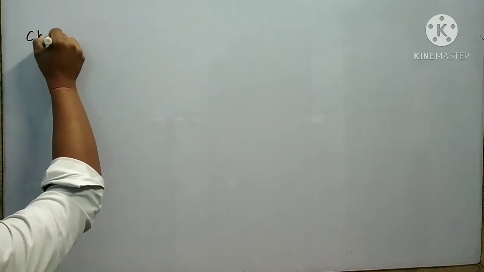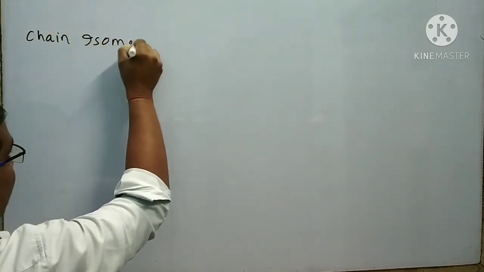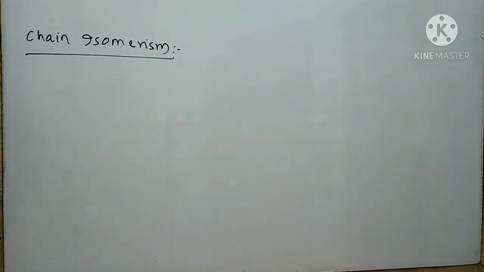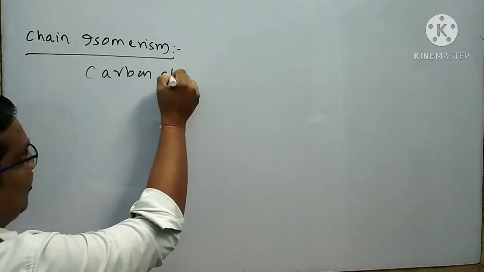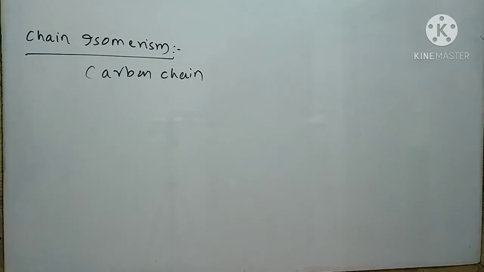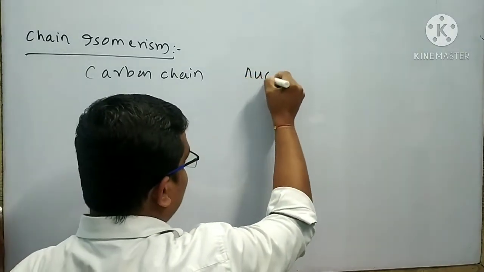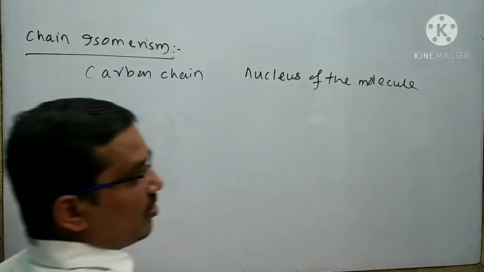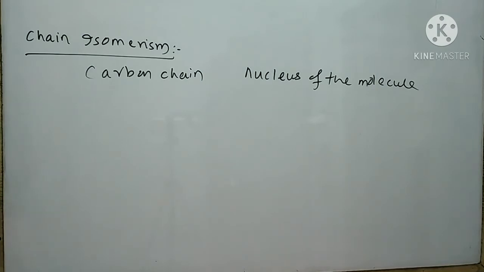Next, I want to explain chain isomerism. What is chain isomerism? The isomerism arising due to the difference in the structure of the carbon chain, which forms the nucleus of the molecule, is called chain isomerism, and the compounds exhibiting chain isomerism are called chain isomers.